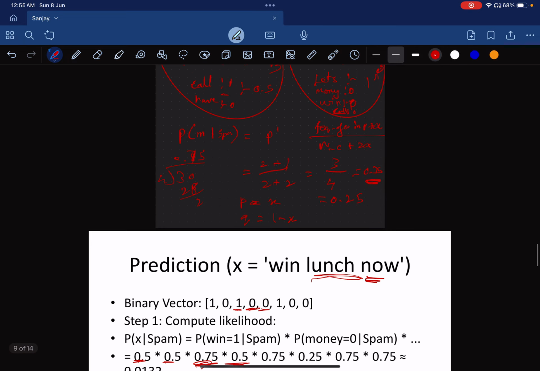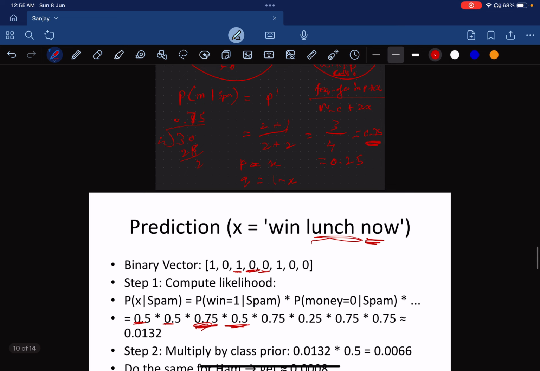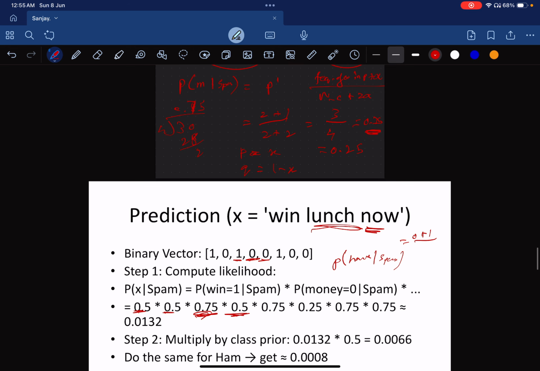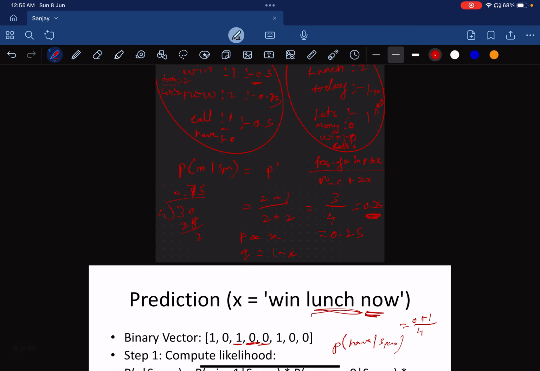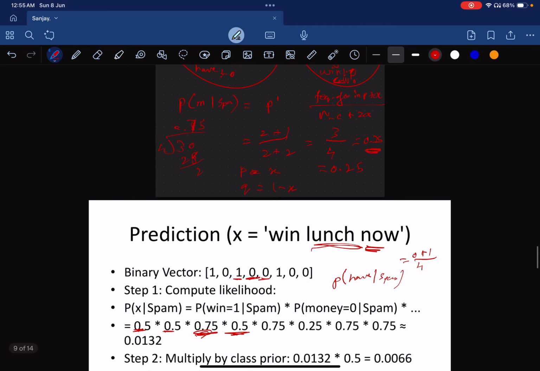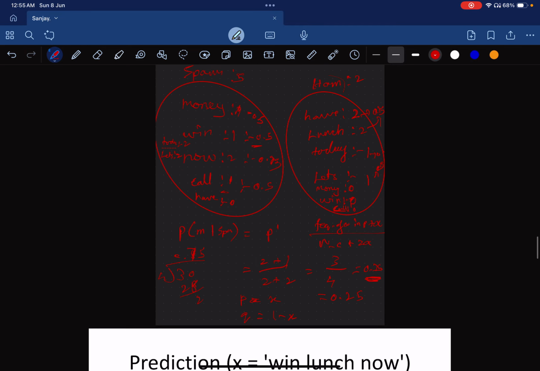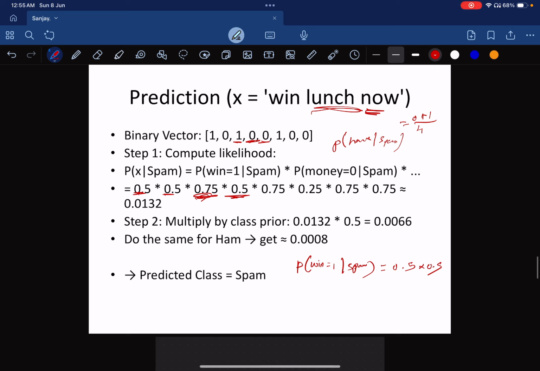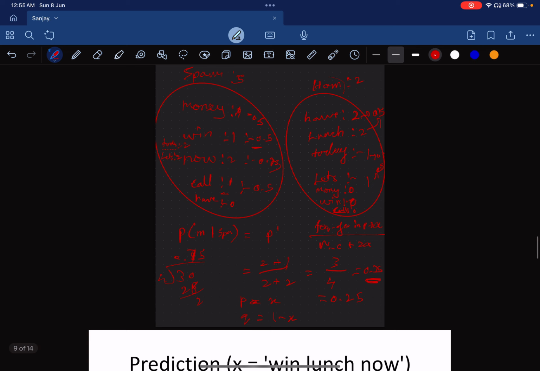After doing this, we find the probability for those terms, that is, the probability of have in the spam class. Sorry, I made a mistake, my bad.